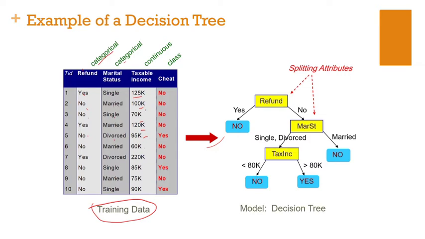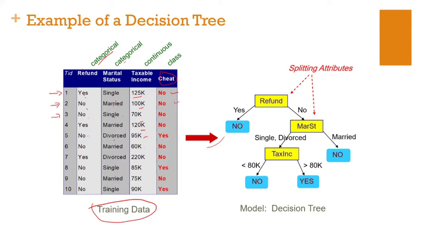To solve this problem, the class is that you want to decide who among these particular personalities will be involved in cheating at a point in time. We want to decide, okay, this is no. If you're able to make a refund, yes, the refund is yes, single, taxable income is 125K above, it's not likely to cheat.